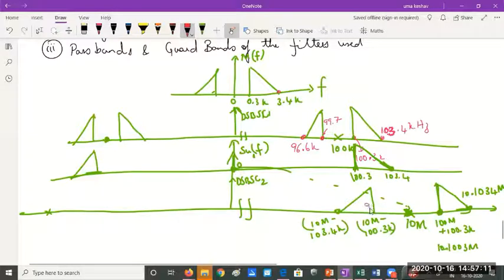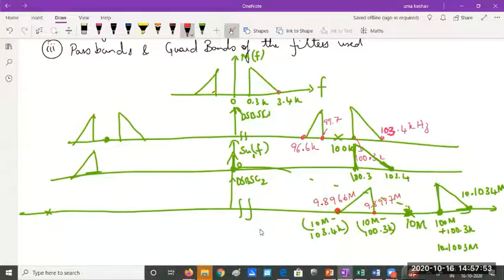And this one? 9.8966 mega. 10 meg minus 103.4k will be 9.8966 mega, and 10 meg minus 100.3k will be 9.8997 mega.